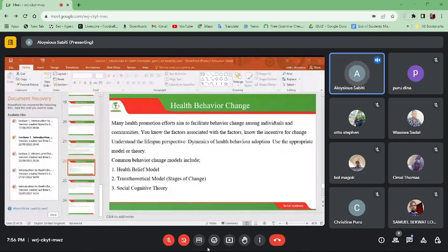So the aspect of trying to look at that relationship, how it influences, is what we call a construct.